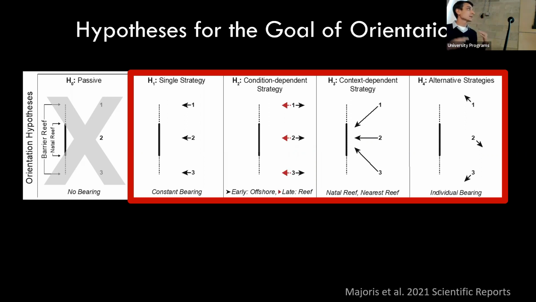They could employ a context-dependent strategy. For instance, they could be swimming towards a similar location or environmental cue, like trying to home towards their natal reef. And finally, they could all be employing different strategies. And in that case, the data would be pretty messy.